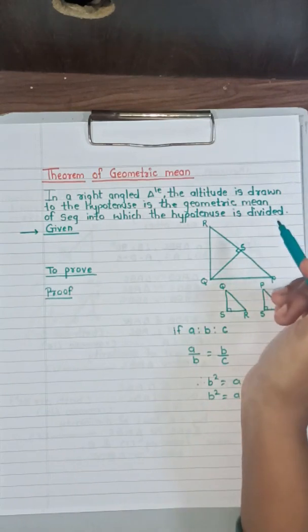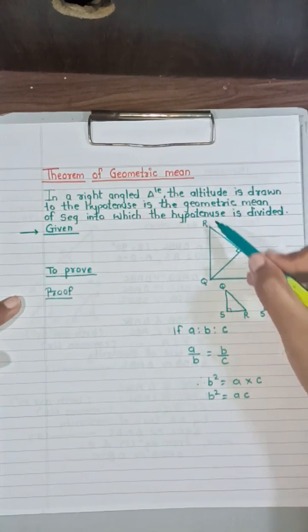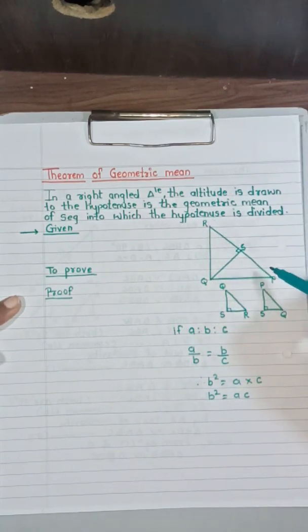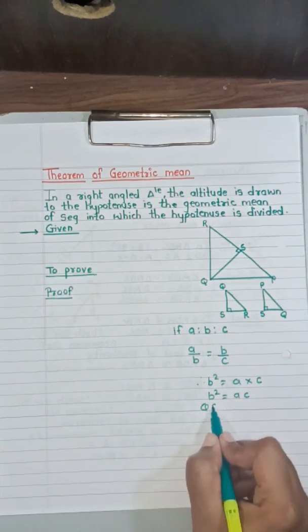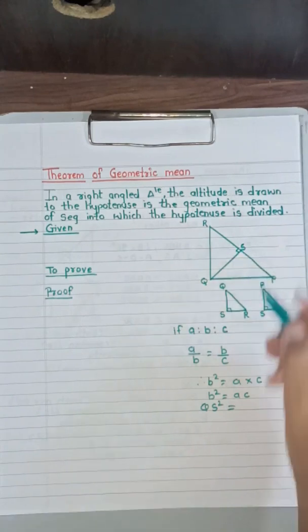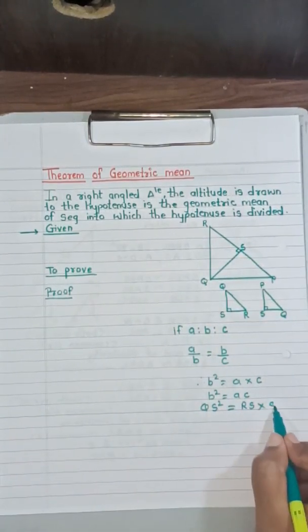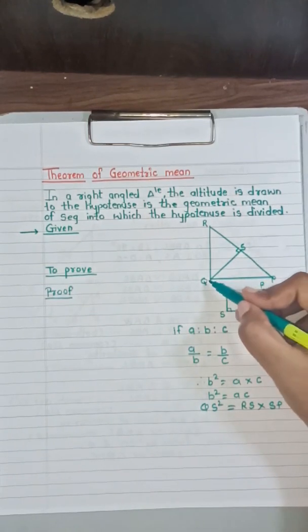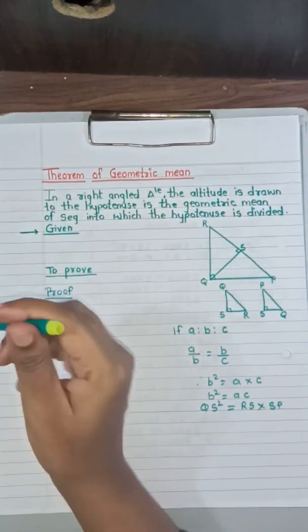Now see, QS is the altitude drawn on the hypotenuse RP, and you have to prove that QS square, that is altitude square, is equal to RS into SP. Okay, so we'll write down what is given.